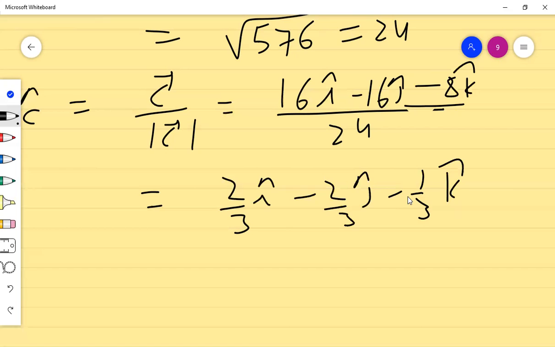Question number 3. A unit vector A makes angles pi by 3, pi by 4 with i and j, and an acute angle theta with k.